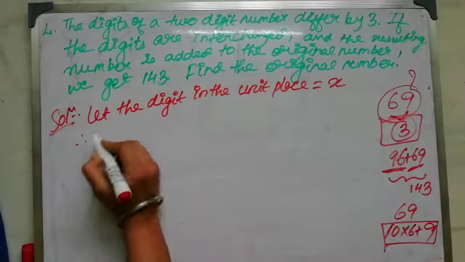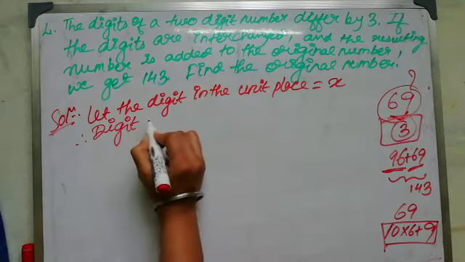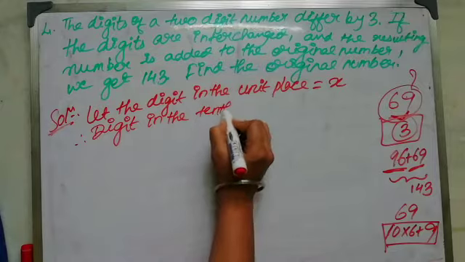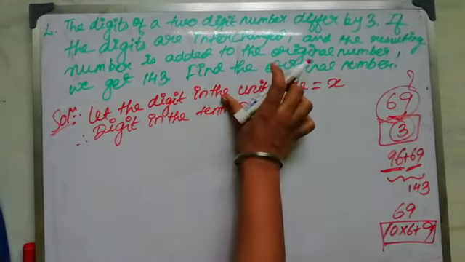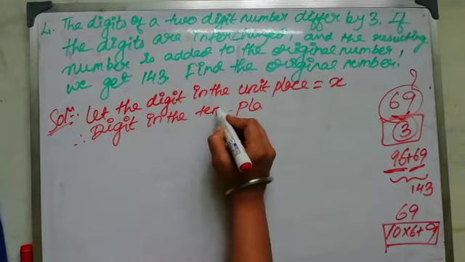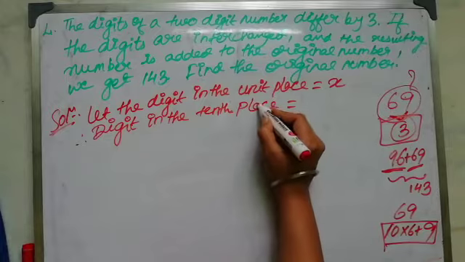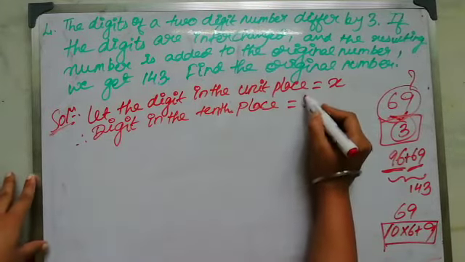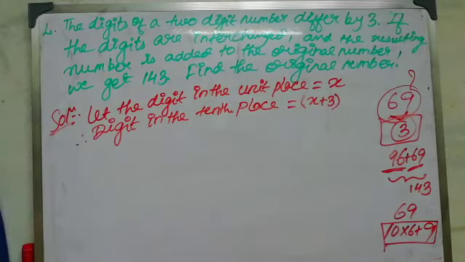Therefore, the digit in the tens place will be x plus 3 or x minus 3, anything you can write.